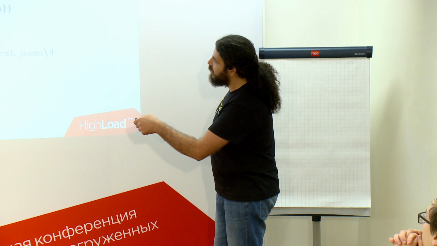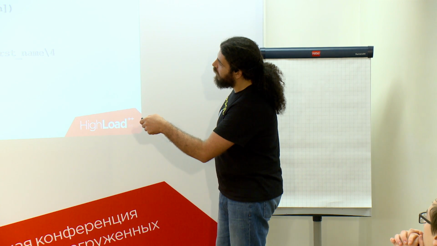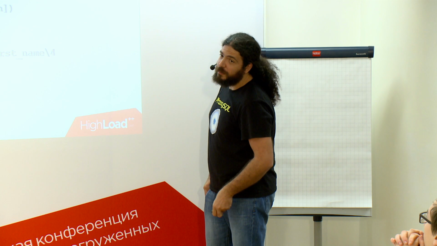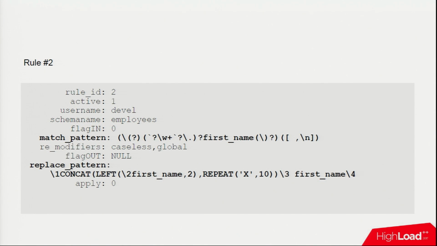This also takes into consideration the fact that you might have a space after first name, or somebody can put a \n, so going to a new line. So this part is being rewritten as well. It rewrites as a concat of taking the first 2 characters of the first name and then replacing everything else with a series of X.